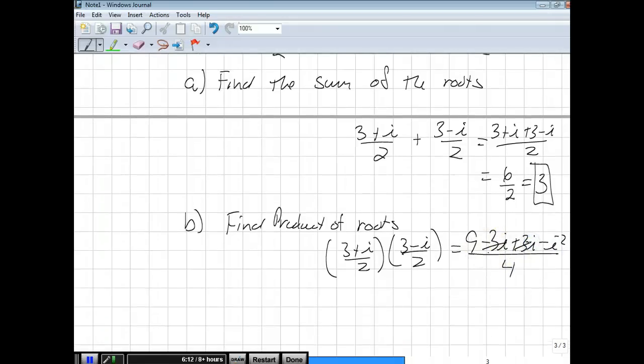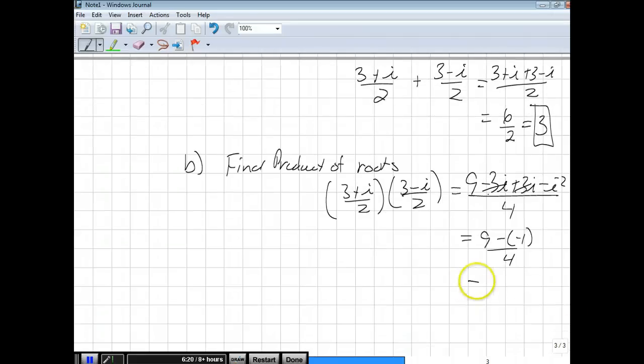These add up to 0. So I get 9 minus a negative 1 over 4, or I get 9 plus 1 over 4, 10 over 4, which is 5 over 2. Okay? This then is the product of the roots.